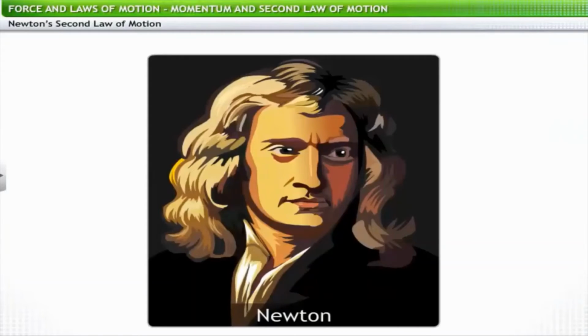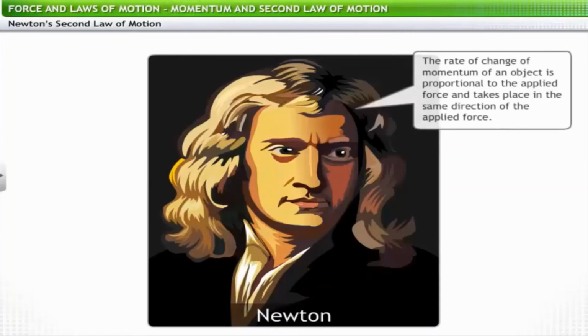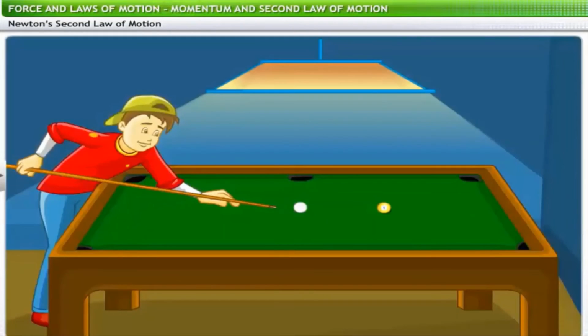Newton's second law of motion states that the rate of change of momentum of an object is proportional to the applied force and takes place in the same direction of the applied force. Let's verify this law using an example. Observe this billiard table.